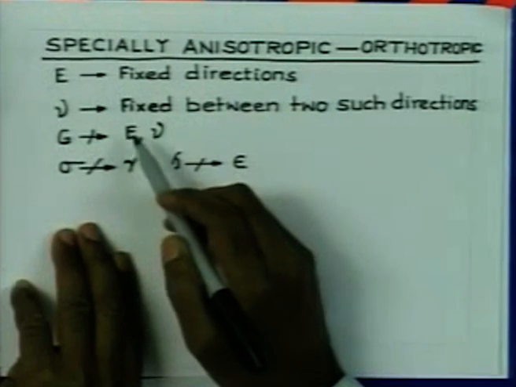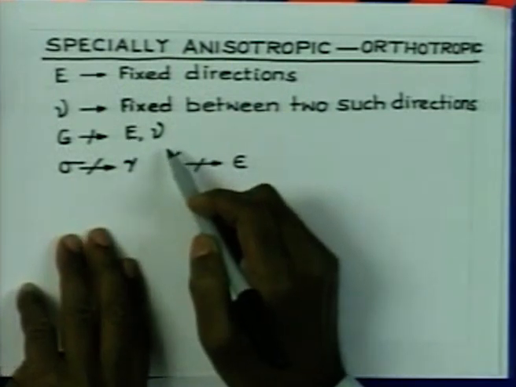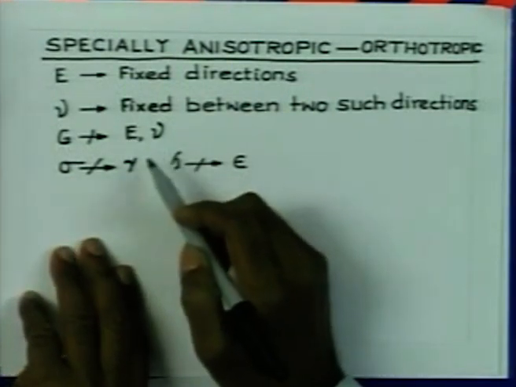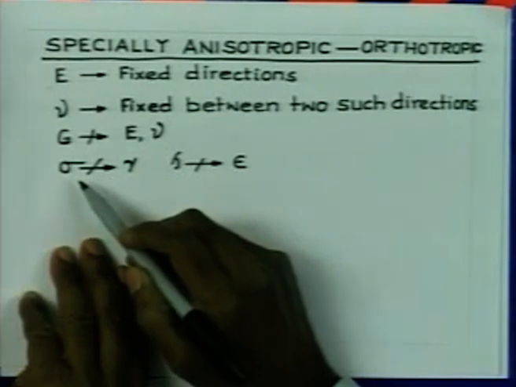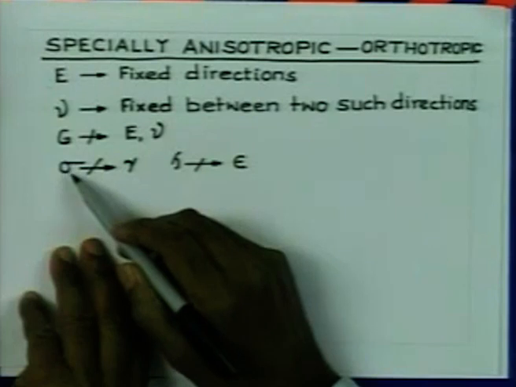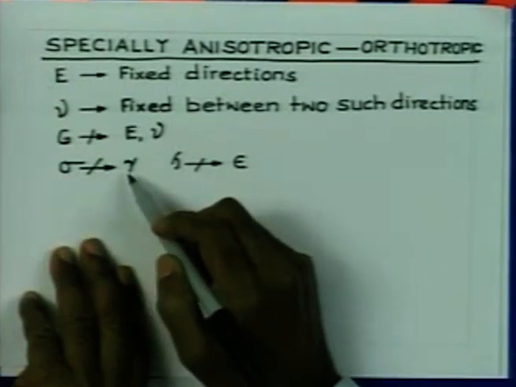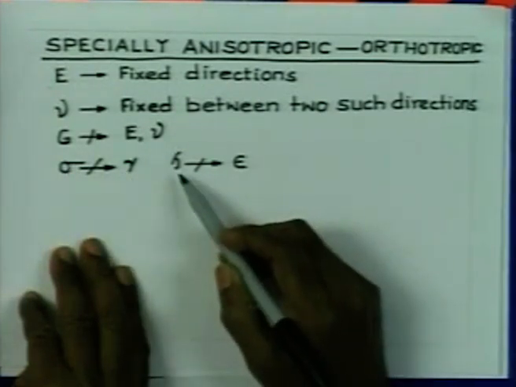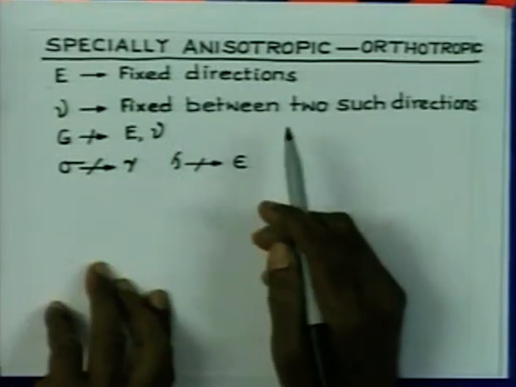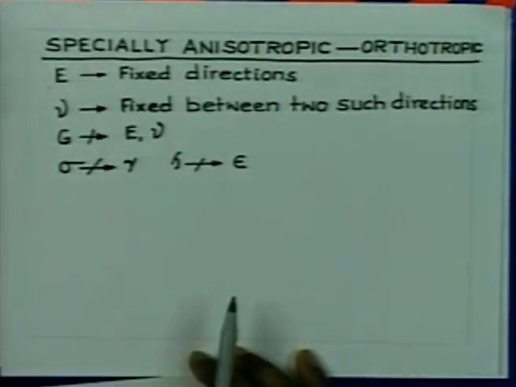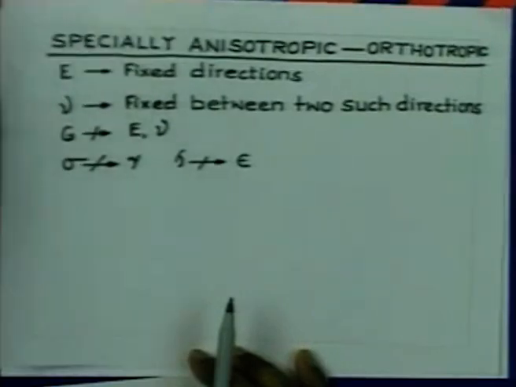However, the modulus of rigidity is not related to E and nu; they are independent elastic constants. And for such materials you will find that normal stress does not produce any shear strain, and shear stress does not produce any normal strain. Now, we will look into some examples.